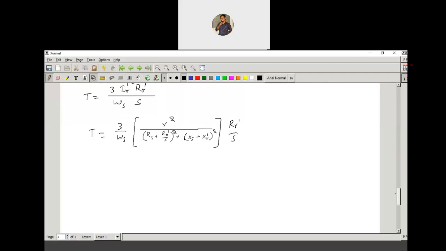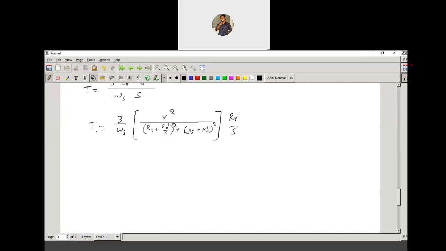Okay, now with this the torque equation, you can observe, if I want to find out the maximum torque, what we need to do is differentiate this expression with respect to one variable parameter. So among all these parameters, which one is the variable? This voltage is the supply voltage, thus we are going to make it fixed.